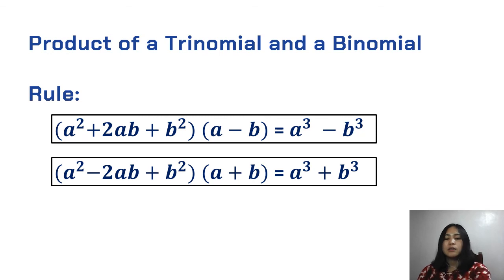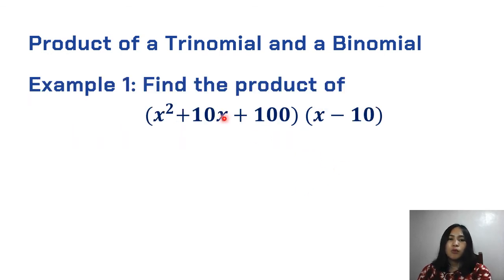Okay, let's try an example. Find the product of x squared plus 10x plus 100 multiplied by x minus 10. So going back to our rule, yung trinomial natin positive lahat, right? At si binomial is in a form of subtraction.